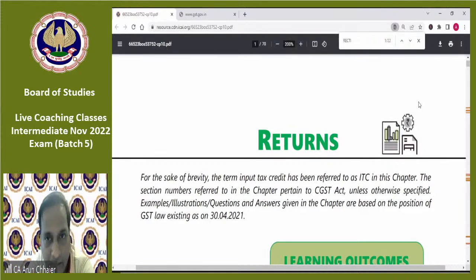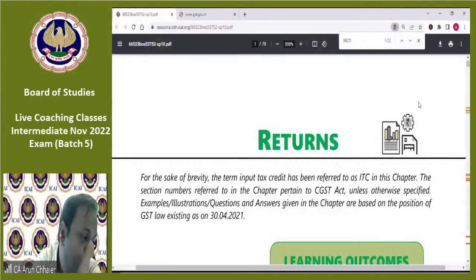Absolutely correct. It is 100 rupees per day, subject to a maximum of 0.25% of turnover. I hope it is clear.